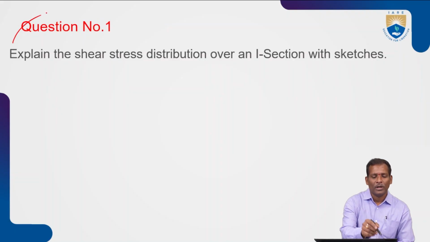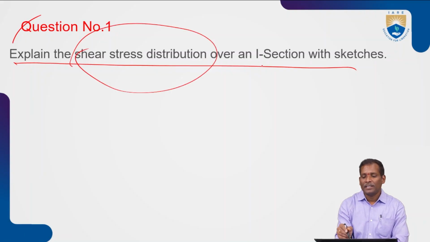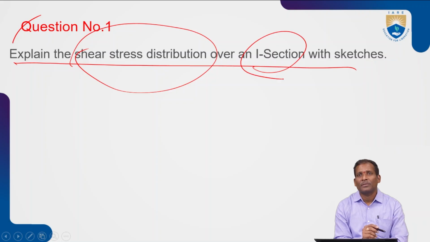Question number 1: explain the shear stress distribution over an I section with sketches. First of all, you have to explain what the shear stress distribution is, and then the I section. Various sections are there: I section, Z section, C section, T section.